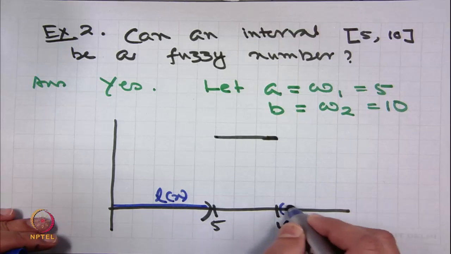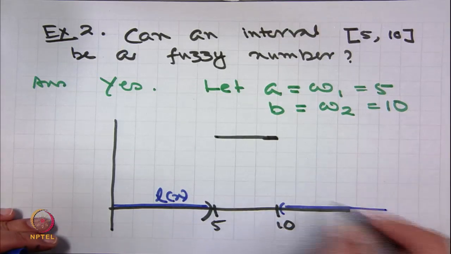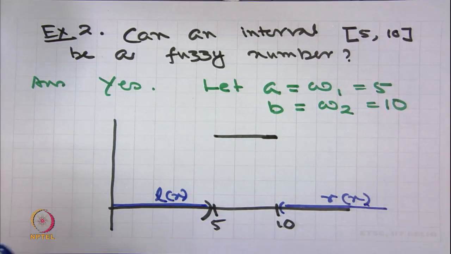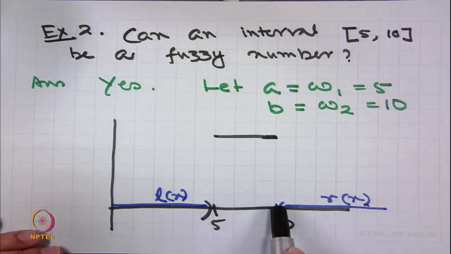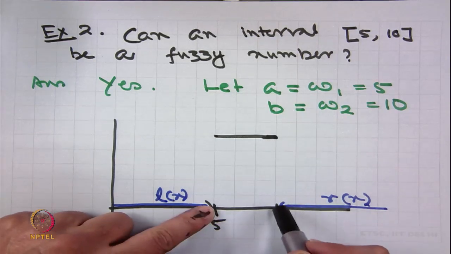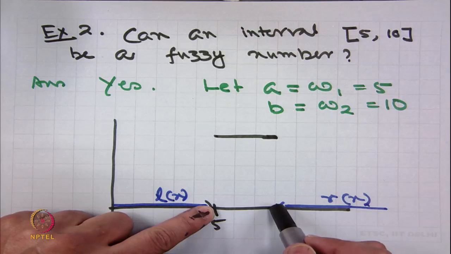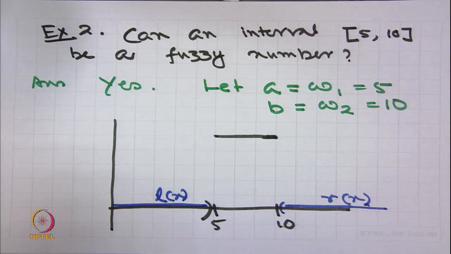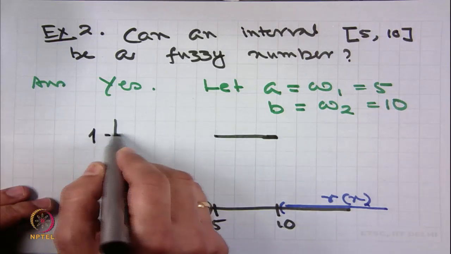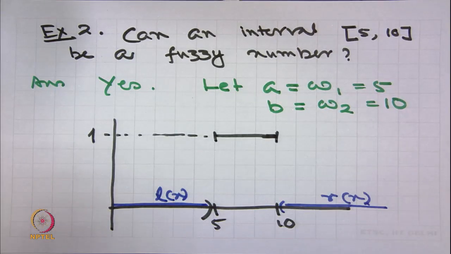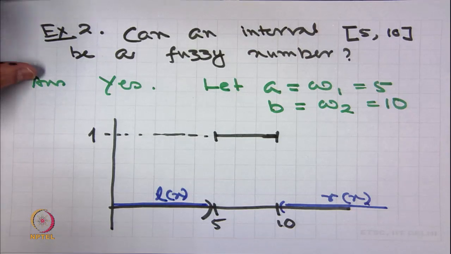In this interval up to infinity, Rx is equal to 0, and therefore, only the points belonging to the interval 5 to 10 have membership 1, that is all the real numbers between 5 to 10 in the closed interval have full membership to the fuzzy set, and therefore, this is going to be a fuzzy number.